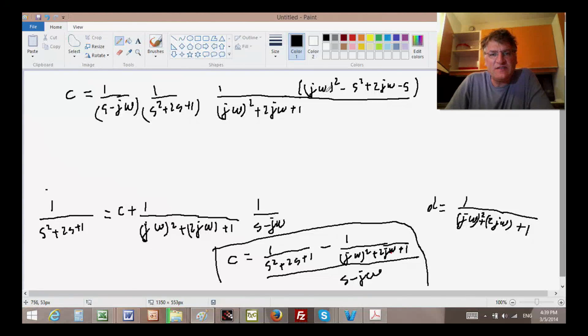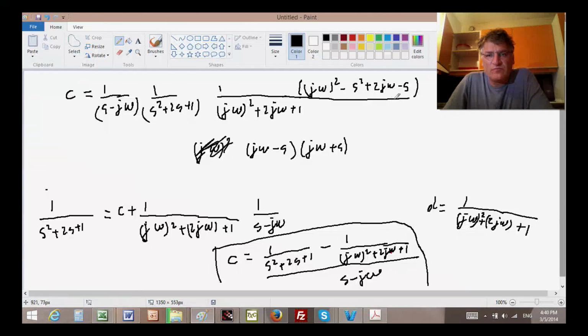So we forget about this guy and we concentrate on this guy. It turns out that this is also equal to j omega minus s times j omega plus s, and there is a 2 missing here, and so this becomes plus 2 times j omega minus s.